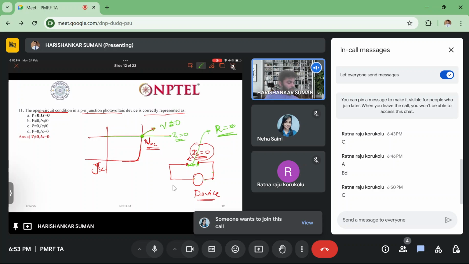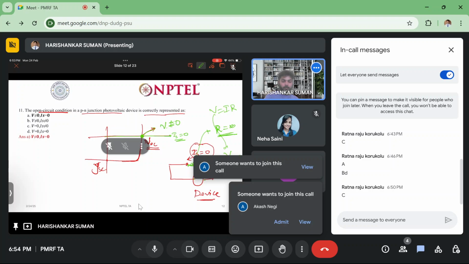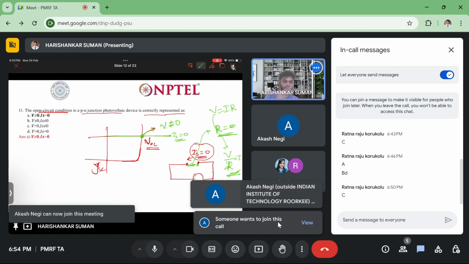If resistance is too high or infinite, so what will be the current? V by R equal to I. Put infinite, I will be 0. Okay.